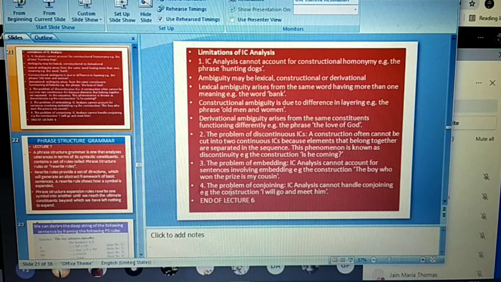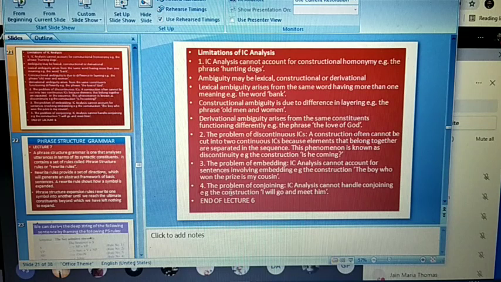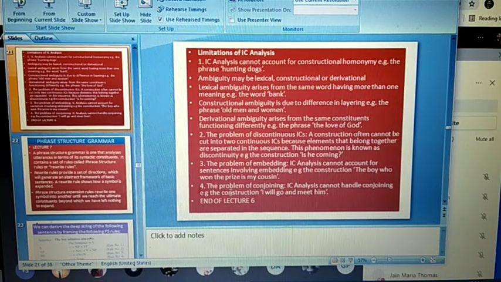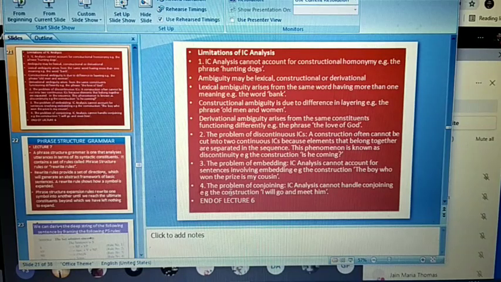Some sentence structures cannot be analyzed; you cannot find the different immediate constituents. A construction often cannot be cut into two continuous ICs because the elements that belong together are separated in the sequence. This phenomenon is known as discontinuity. Example: is he coming? When you say he is coming, you can find the layers.